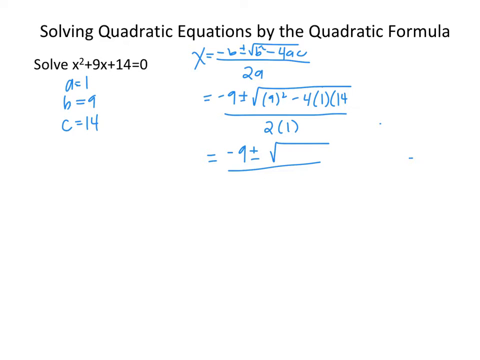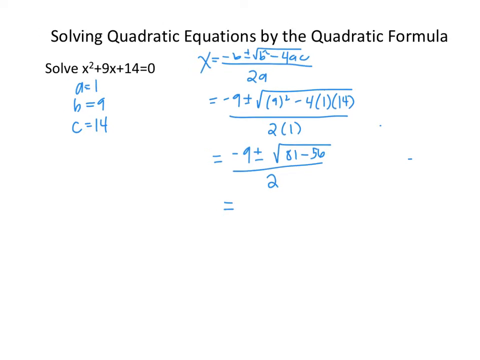So 9 squared is 81, minus 4 times 1 is 4, times 14. 4 times 14, we have 14, 28, 42, 56. So 81 minus 56.